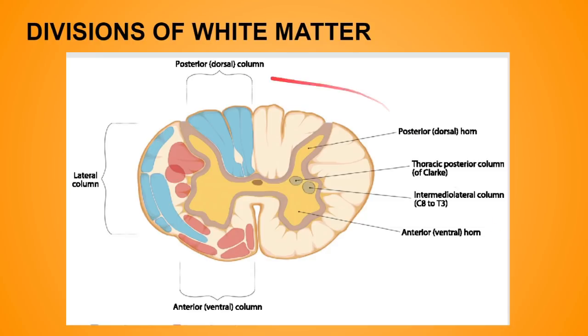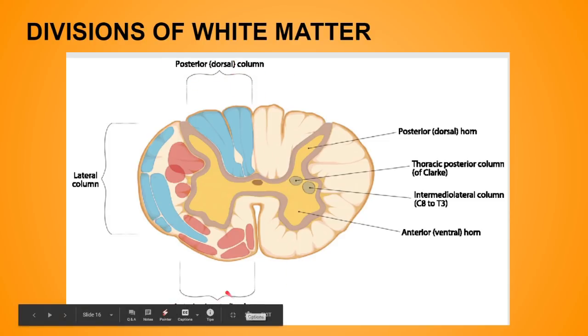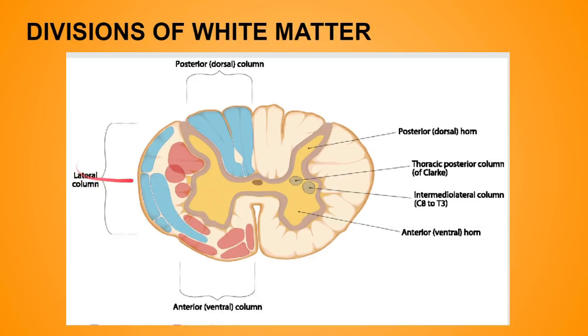Now the division of the white matter. The white matter is mainly divided into, remember, 3 main columns: the posterior dorsal column, the anterior ventral column and the lateral white column. Now the posterior dorsal column is present between the posterior median septum and the posterior horn.